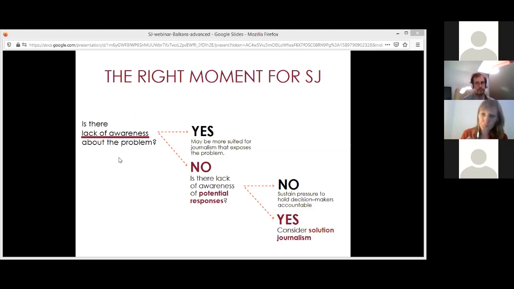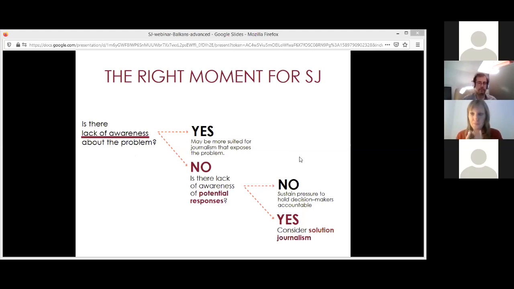If we do, because the answer is actually there, and you just need to pressure the power to do it, but you don't need any new ideas there, then there is not so much to do about it. And I'm always saying there are two reasons why change is not happening in the world. The first is there is no political will or goodwill to do it, right? And then you need to keep pressuring.